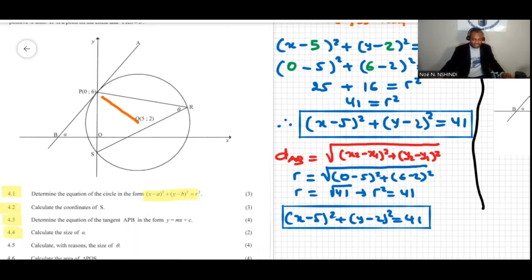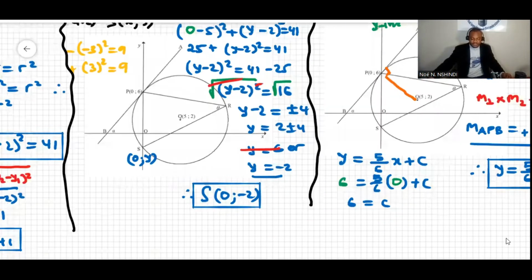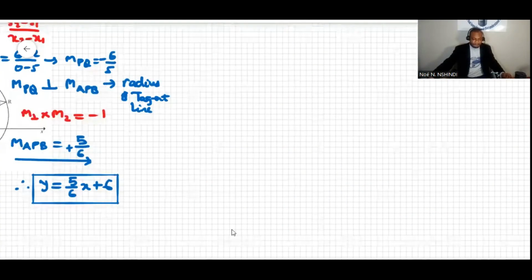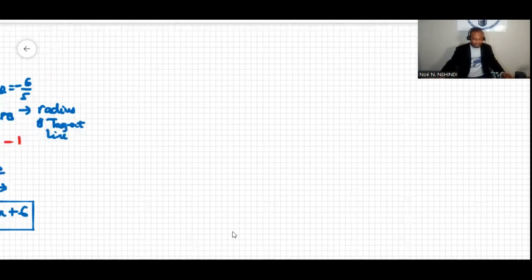So we can see that the angle alpha is this angle. We already know the equation of this line, so finding alpha will be easier because we can use the tangent formula. Let me write the question here, 4.4. We need to find alpha.